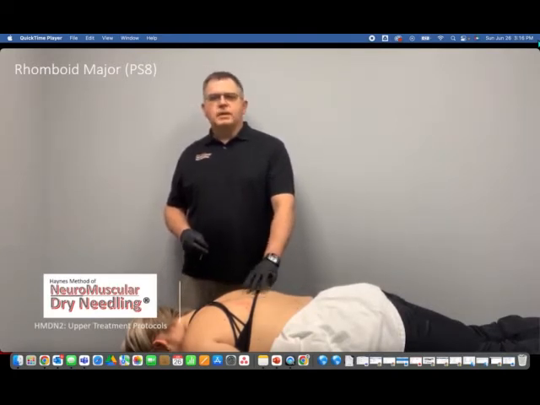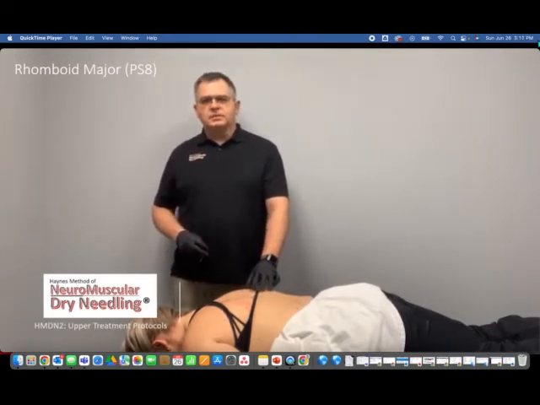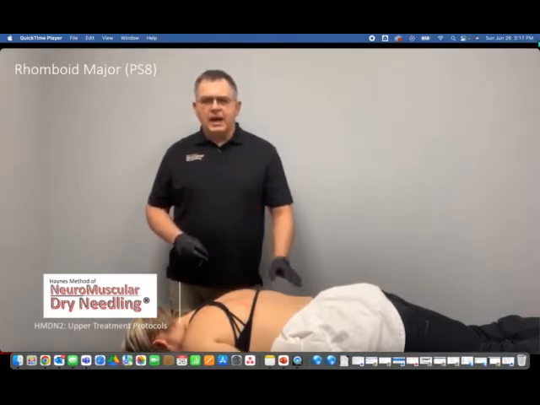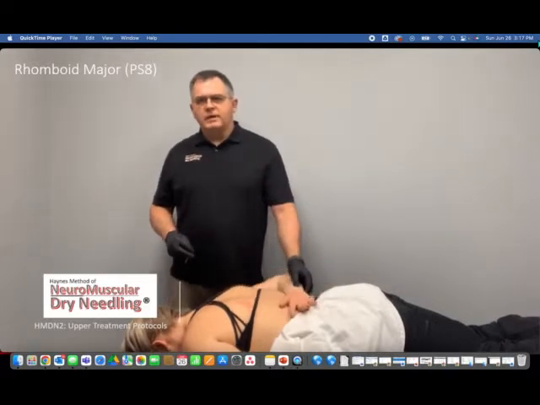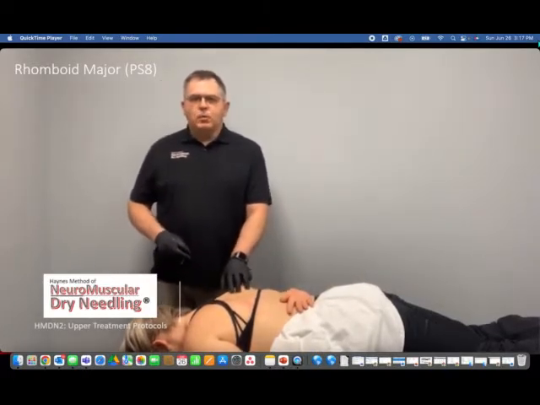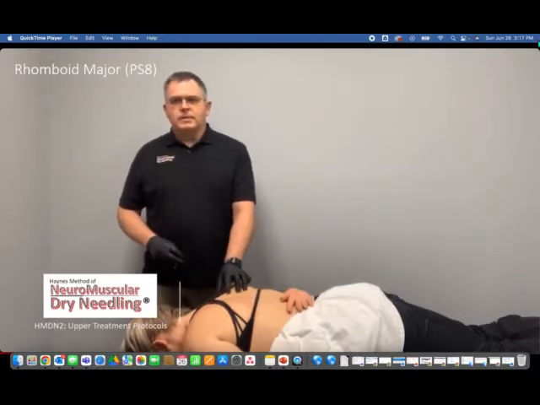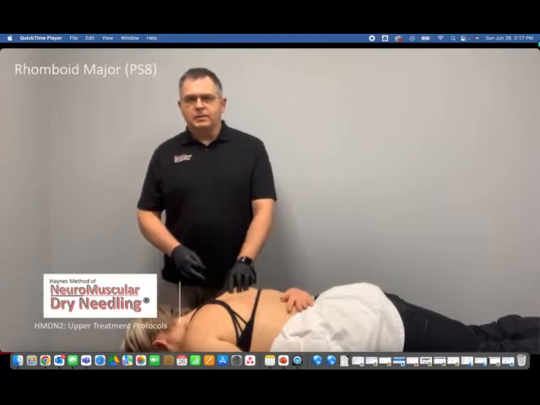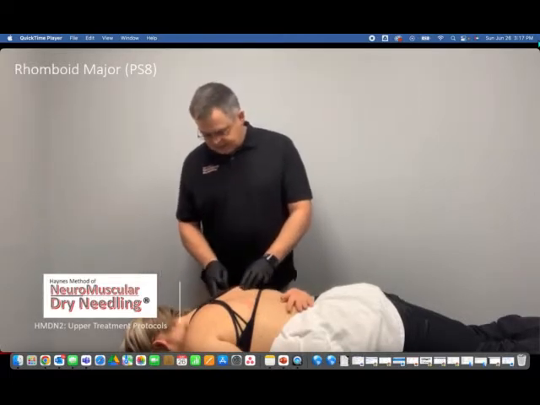Needle length is going to be 3 centimeters, and the backdrop is going to be the medial border of the scapula. So with the patient's hand behind their back, we use a profundus grip to pull the medial border of the scapula away from the chest wall, and we're going to needle to the medial border, not anterior to the scapula, distal to the root of the scapula with periosteal pecking if necessary.